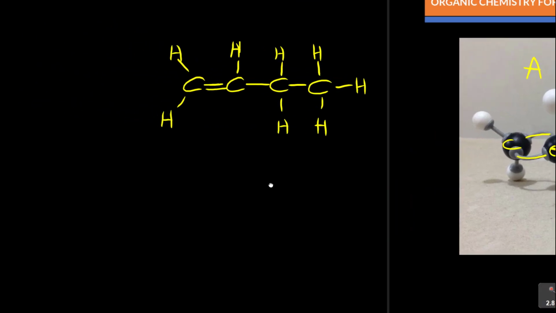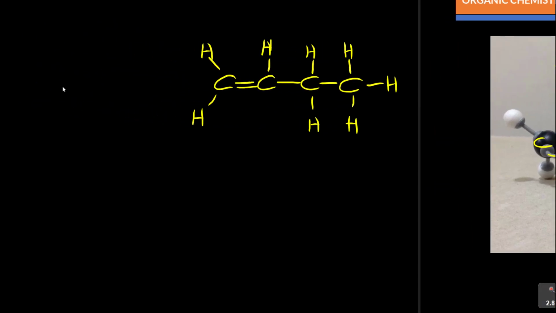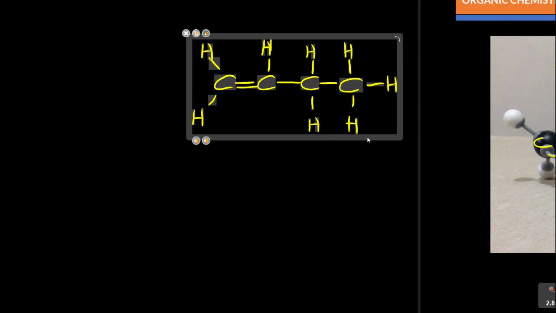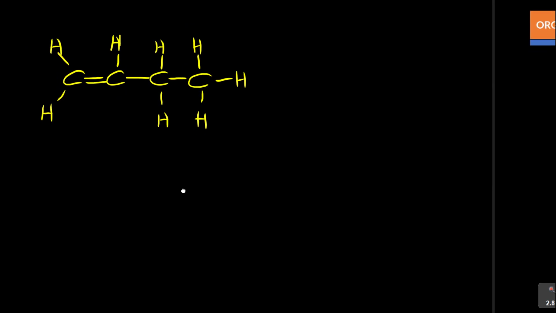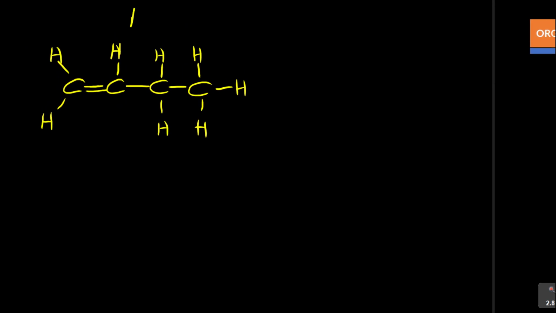The third carbon, carbon number 3, has two hydrogens, and the last carbon has 3. Remember, you must maintain the nature of carbon. It can only take a minimum of 4 and a maximum of 4. So we say it is compound A.